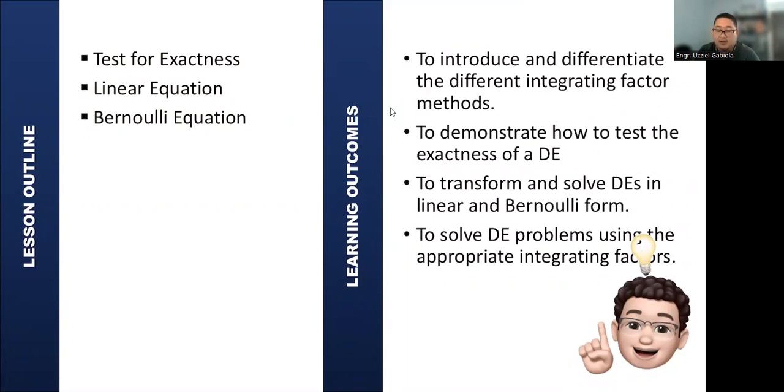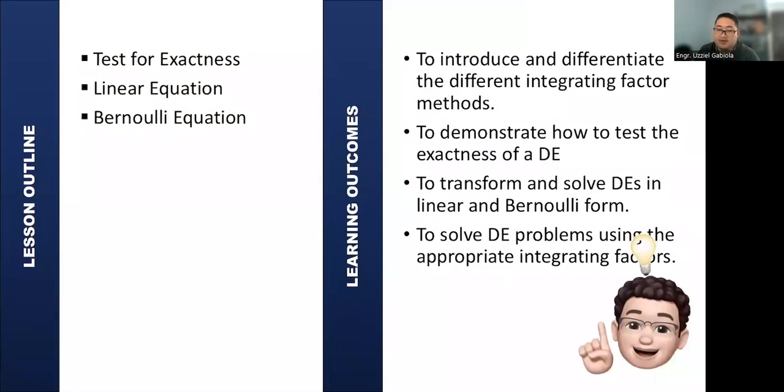Our outcomes for today are as follows. Number one is to introduce and differentiate the different integrating factor methods available. Next is to demonstrate how to test the exactness of a differential equation. Next, to transform and solve differential equations in their linear and Bernoulli form.